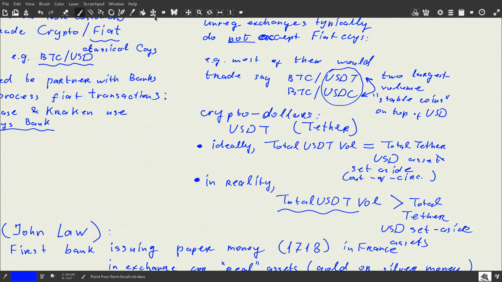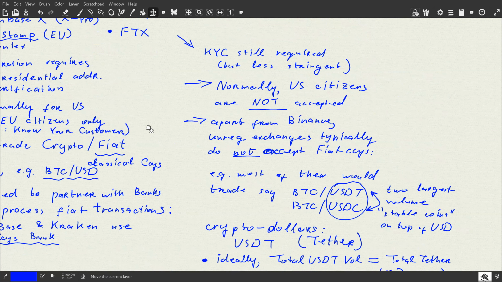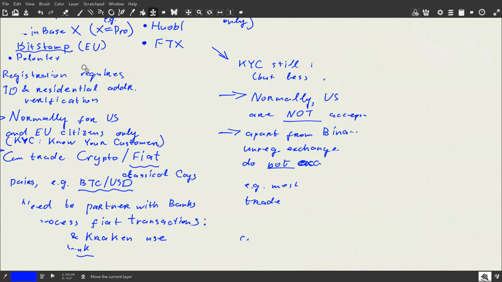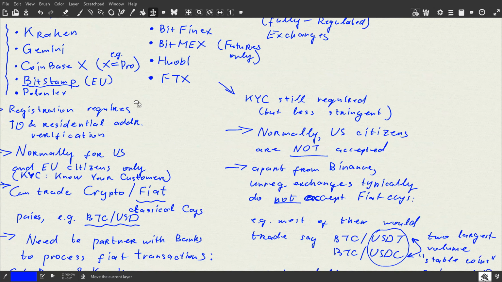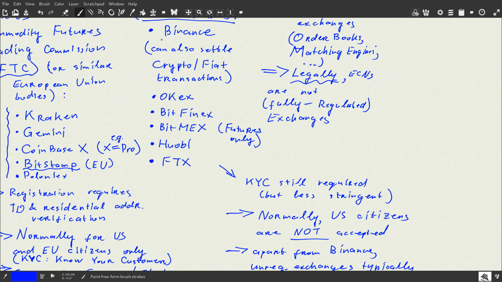And if they're in the United States, they could do it via Kraken or Bitstamp or whatever. If they're outside, then currently the best way of performing fiat trades is via Binance. So that's the only more or less reliable and feasible way of how this can be done outside of the United States or European Union.